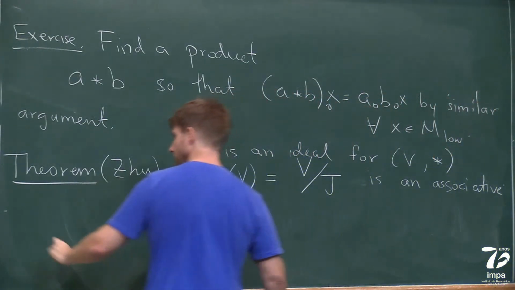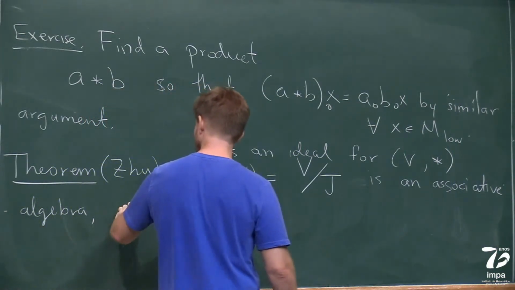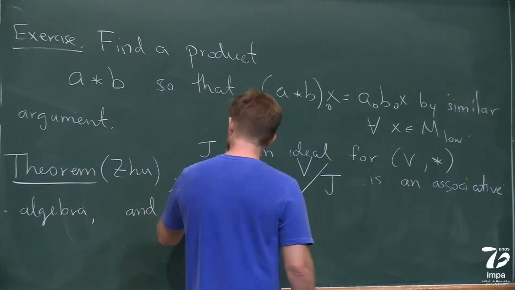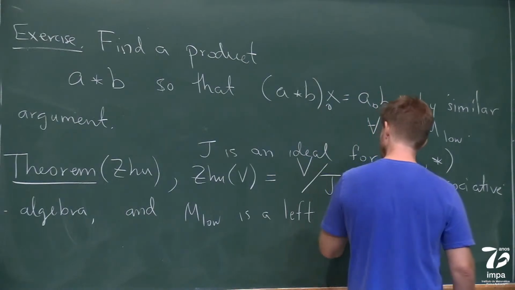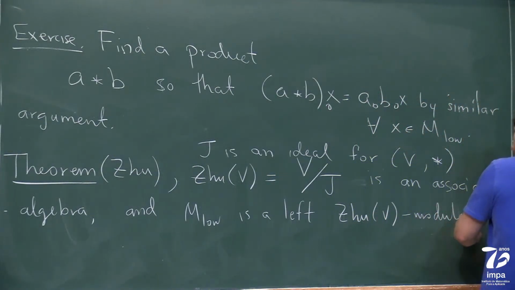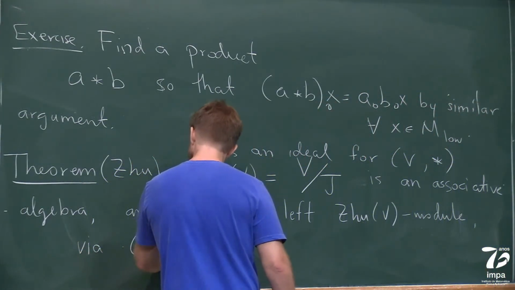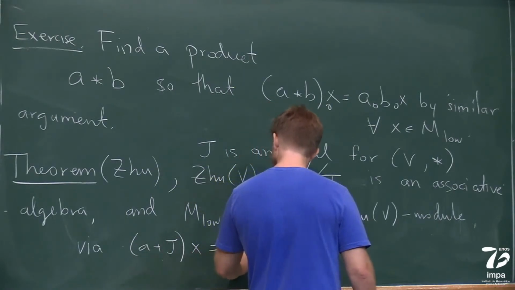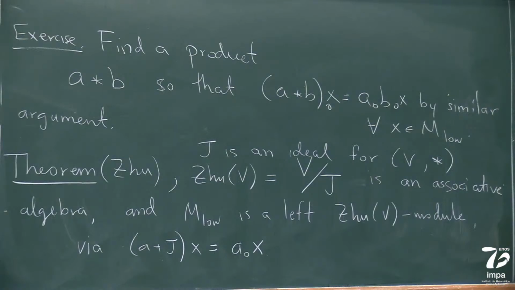The quotient is an associative algebra, which is given just by letting an element act by the zero mode.